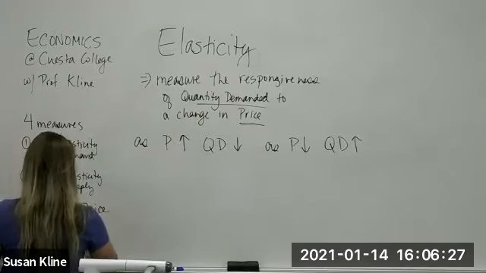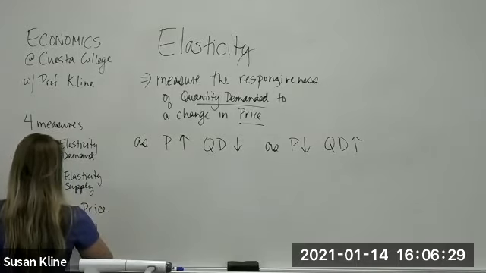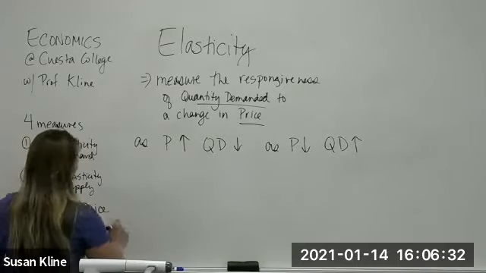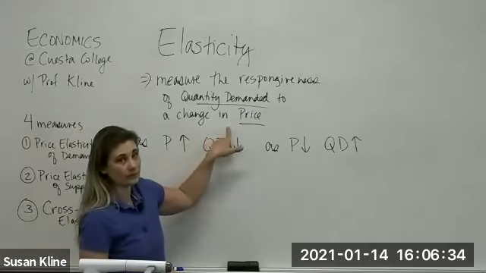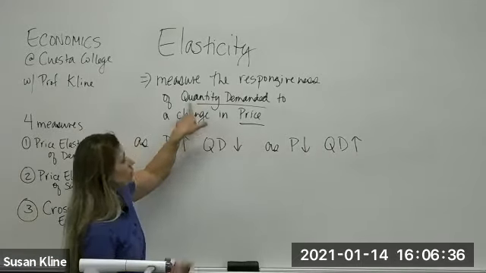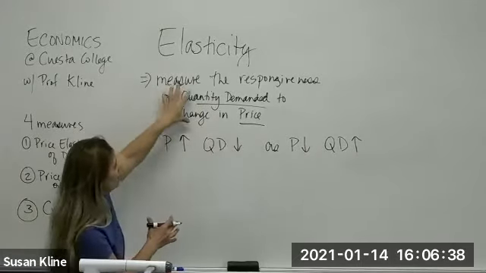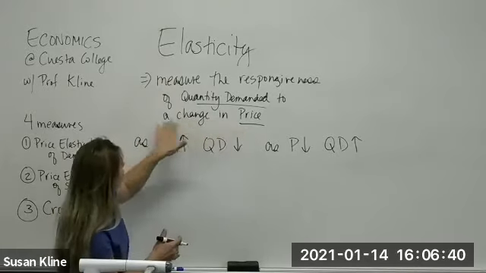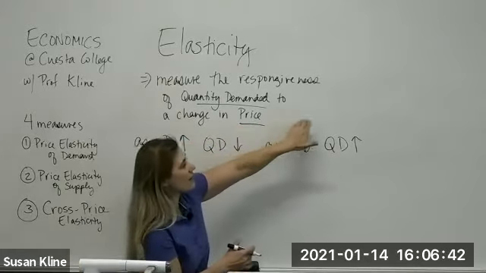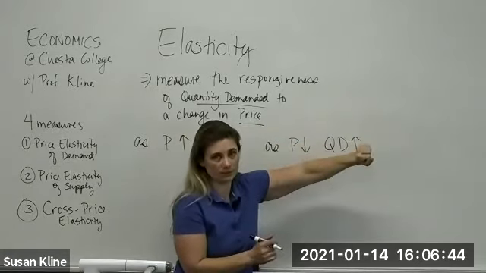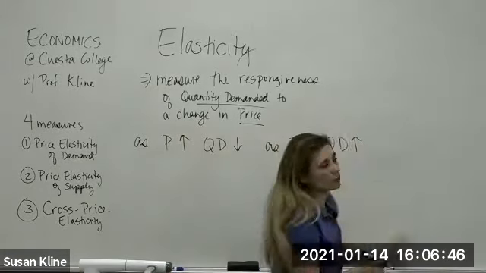Why is it called cross price elasticity? Because we are looking at the price of one item and the change in the quantity demanded of another item. So it's the same idea, but all we would add here is the change in the price of a related good, right? And so that's what would change there.